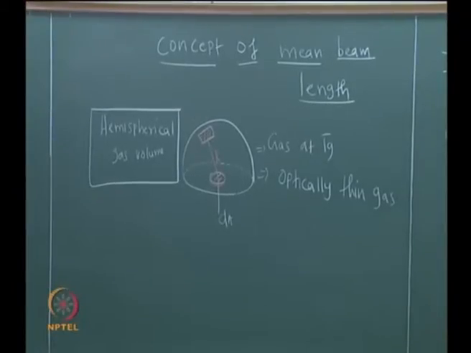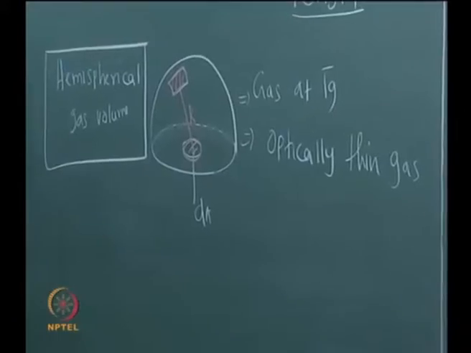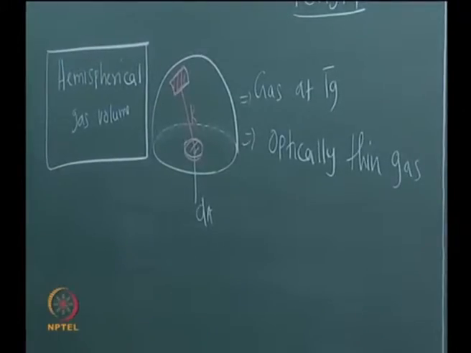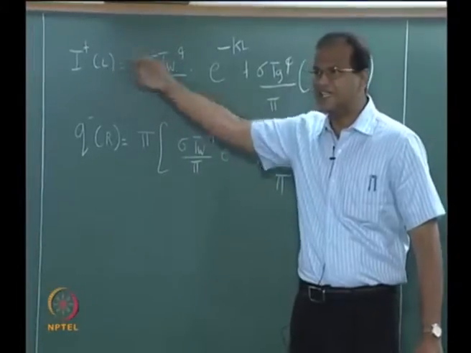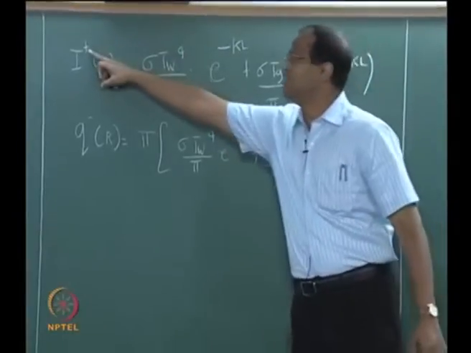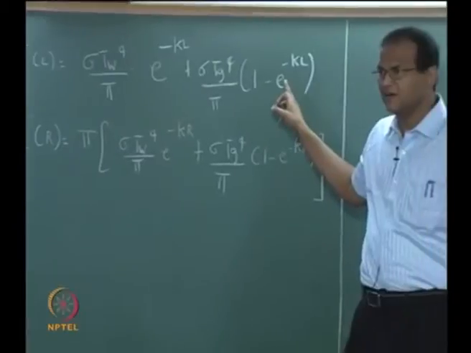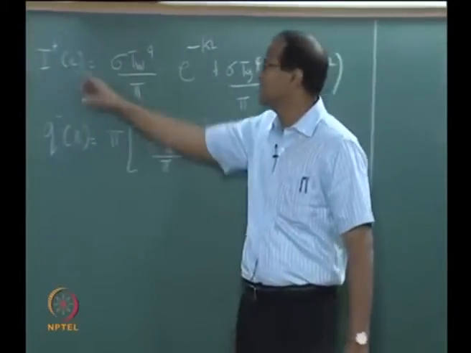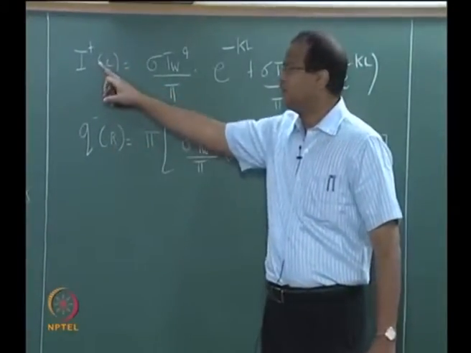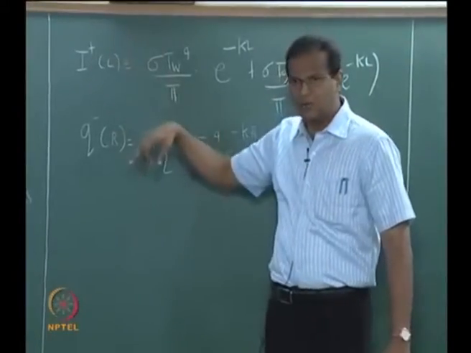Okay. Now in yesterday's class we derived that for the optically thin gas, for radiation from a surface arriving at a length L, the expression for the intensity I plus of L, where I plus is the positive direction of x, is given by this. Have I made any mistake? Is it fine? Now what I am saying is, from I plus of L we can calculate the flux q also.